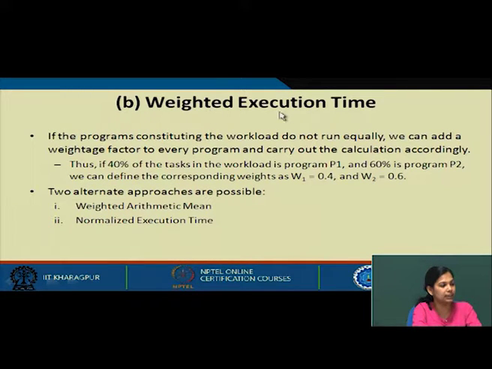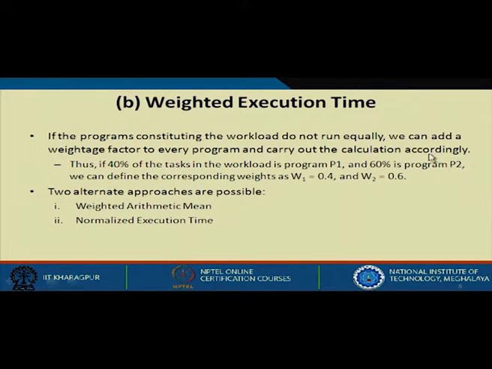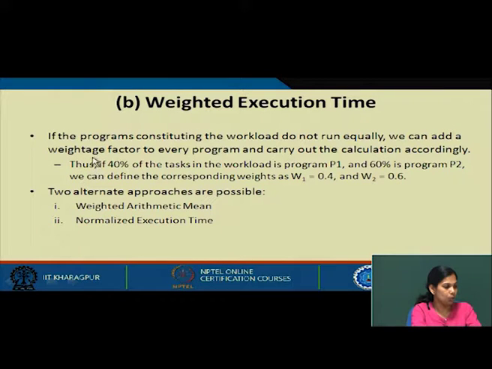Similarly, what is weighted execution time? If the programs constituting the workload do not run equally, as I said, program A can run more times than program B, and for some processor program B can run more times. So, this depends on the frequency of that program executing. So, based on this, how can you calculate?